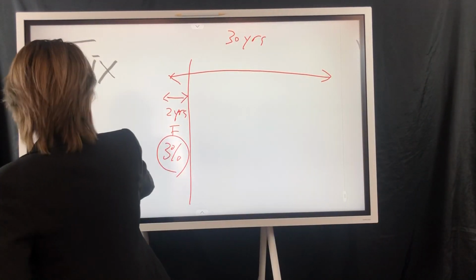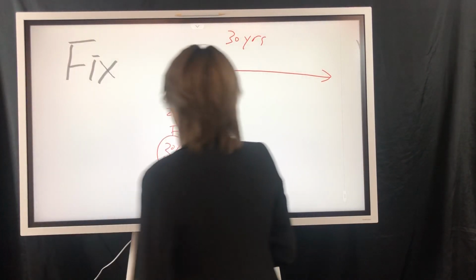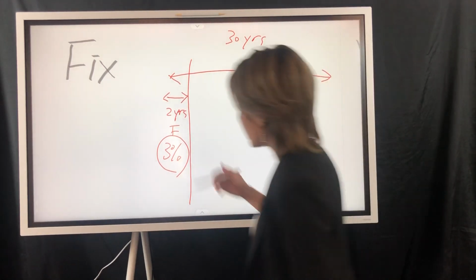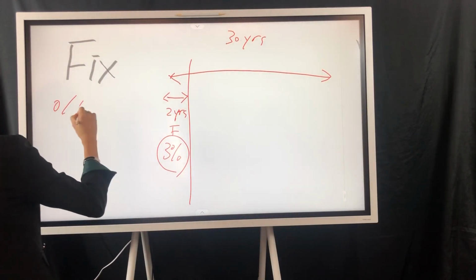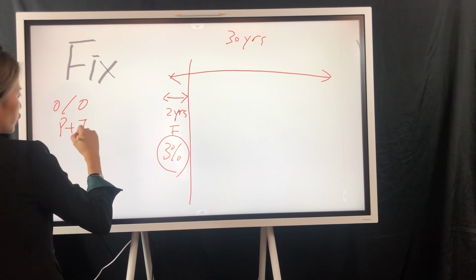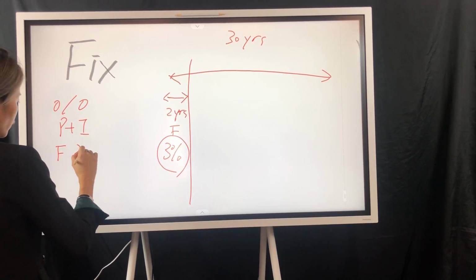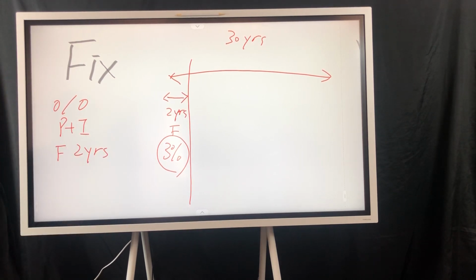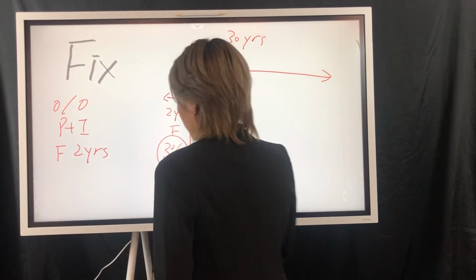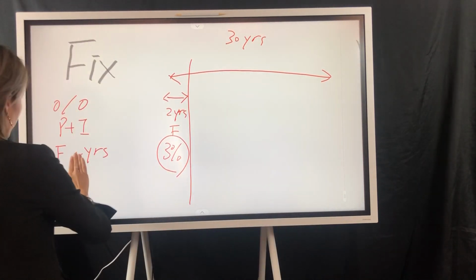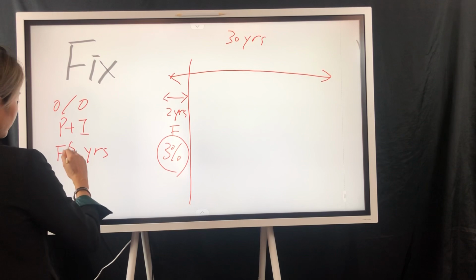Alright, so now we get to another one. What if you break the fixed term? Let's say this one is owner occupied, principal plus interest, fixed for 2 years. We make it fixed for 5 years.